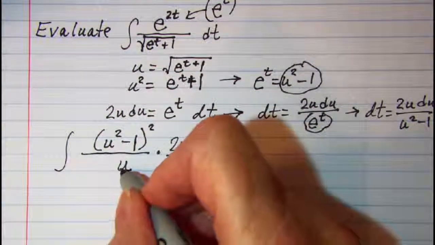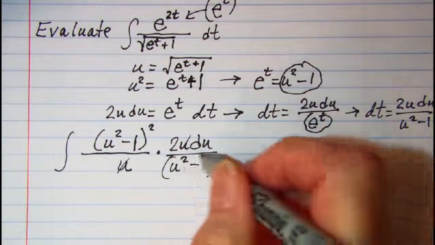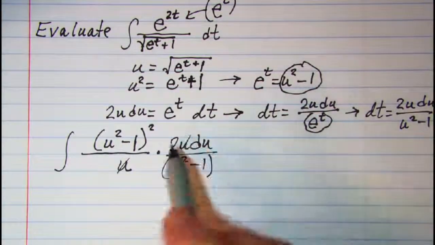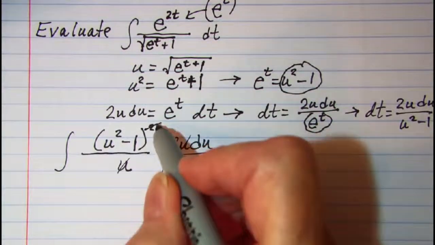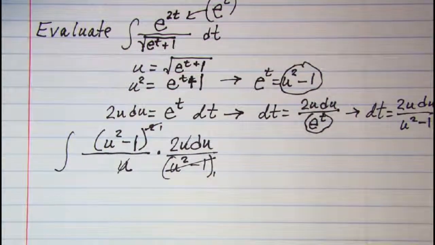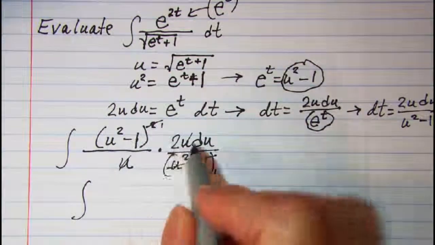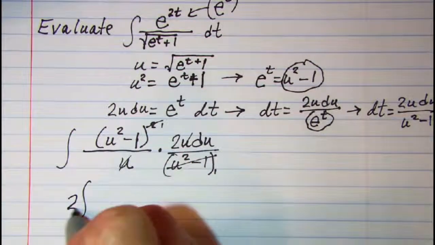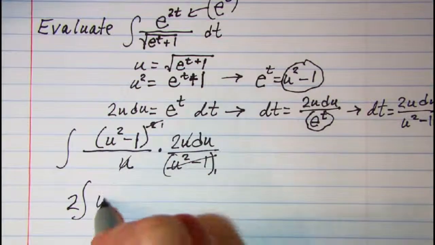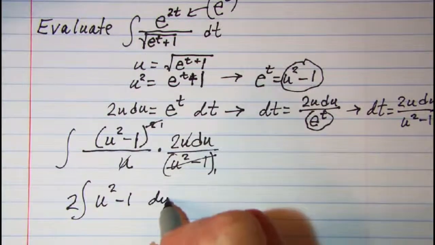Alright, now I can do some simplifying. This u can cancel with this one. And this binomial factor u squared minus 1 can cancel one of those. So my integral simplifies to, and I'll pull my 2 out in front, 2 times the integral of u squared minus 1 du.